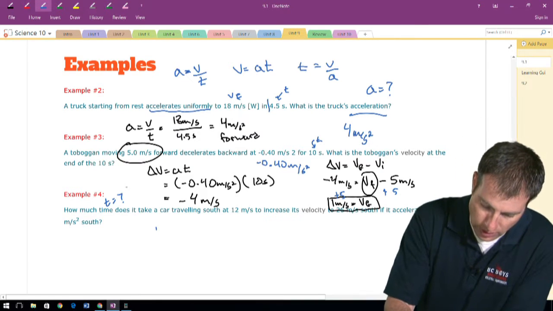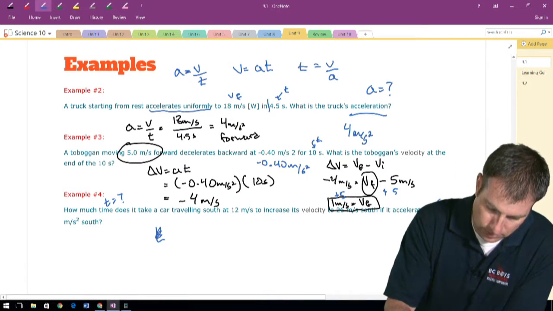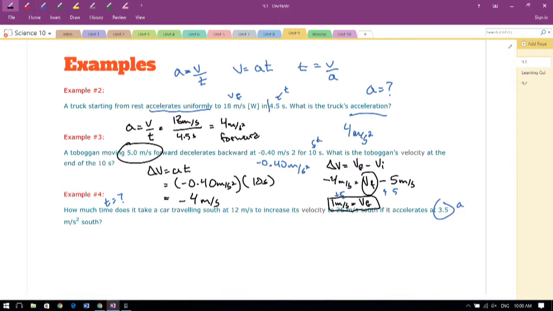The last one's the amount of time. So time is equal to velocity divided by the acceleration. And again, this question has a velocity that goes from 12 to 26.